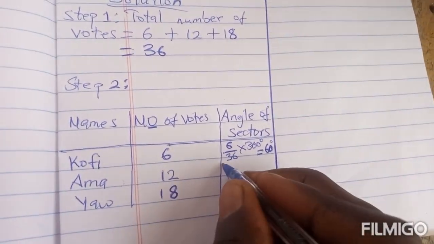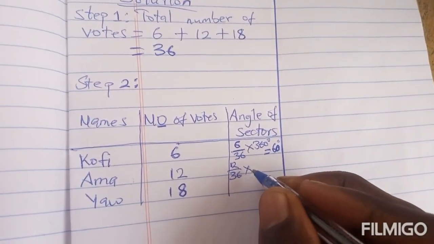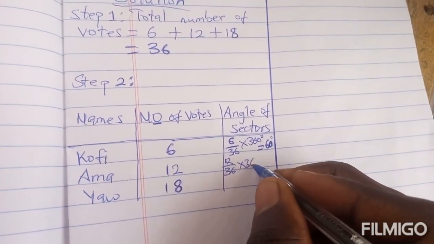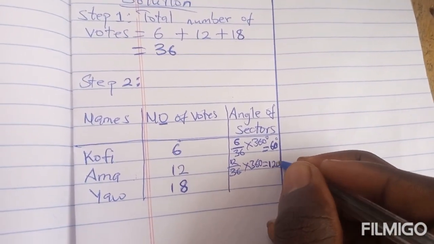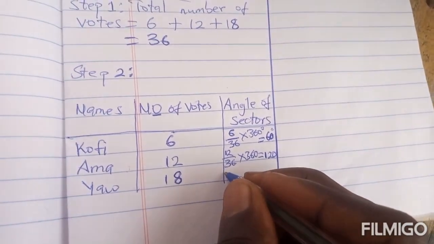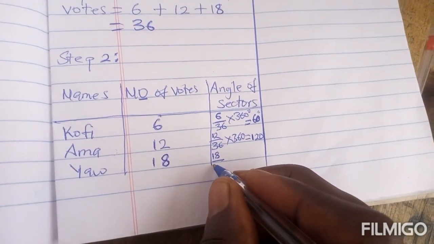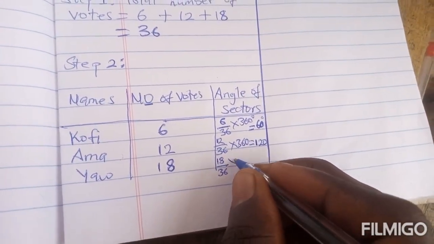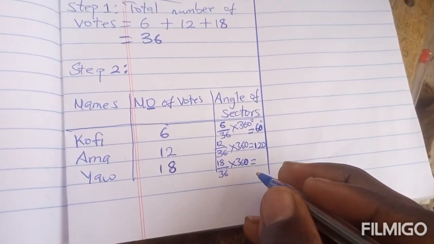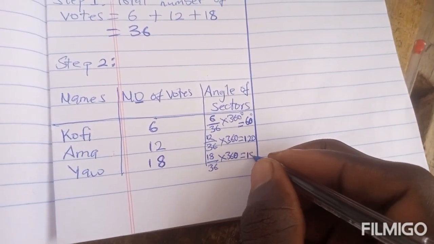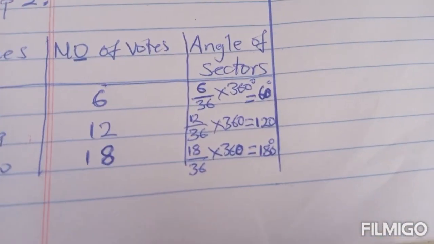Let's do the same here. 12 over 36 multiplied by 360. Here you get 120. Let's see here, 18 over 36 times 360. You get 180 degrees.